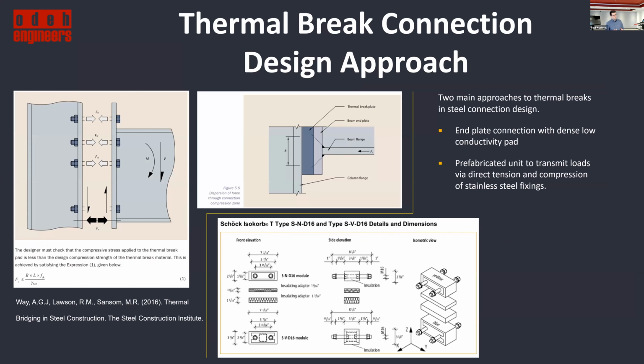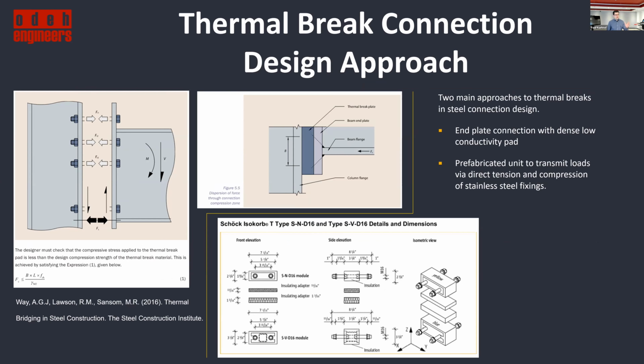And I'm going to highlight here, the length of our presentation is not such that I can walk through a detail of the design, but one of the things that I really want to highlight is to check out the Thermal Bridging in Steel Construction guide. This guide is put out by the Steel Construction Institute out of the UK. And it's a really great resource on the design of these typical end-plated, bolted, thermally broken moment connections.